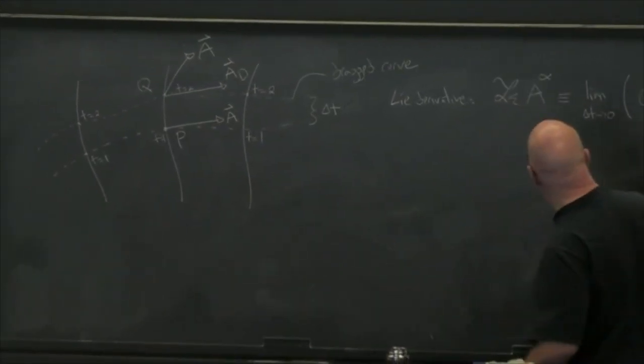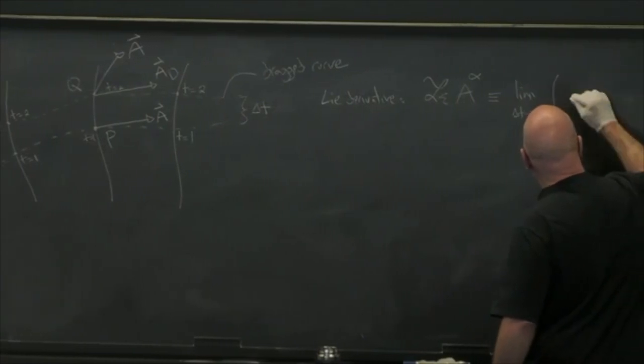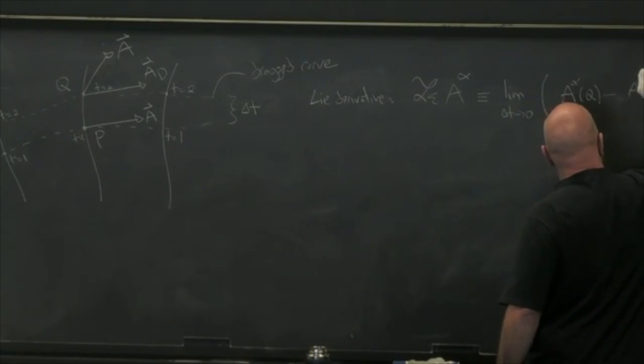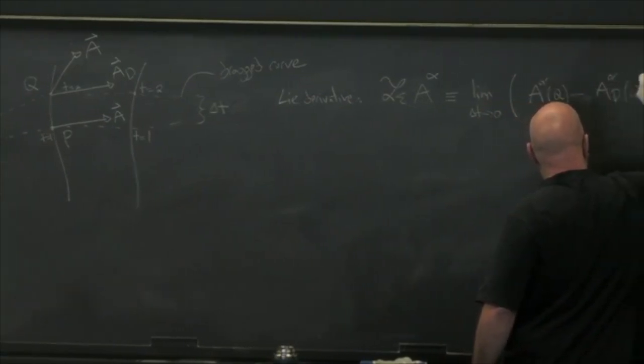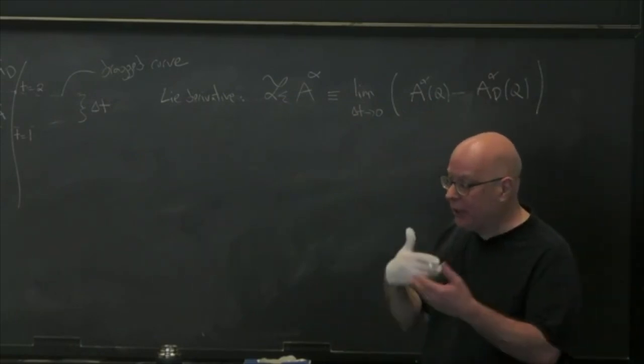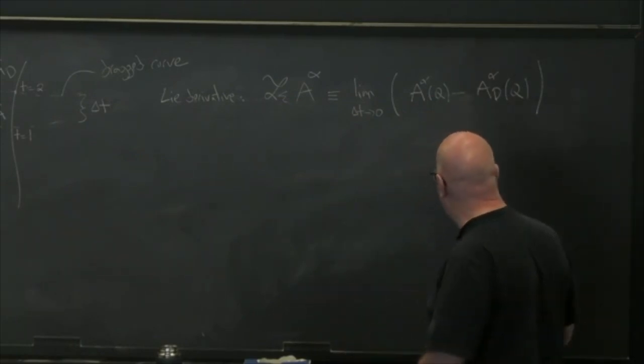The difference between the original vector field, A at Q, minus the dragged version of A at Q. So we're taking a difference at the same point, therefore it's a legal vectorial operation.